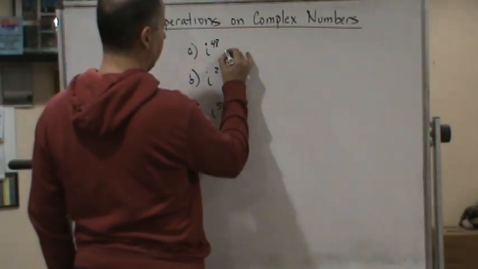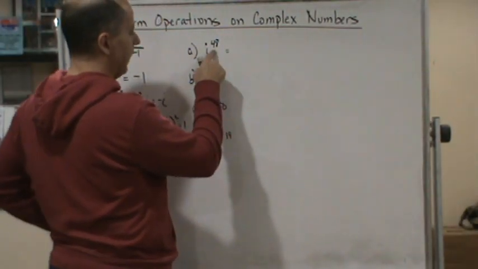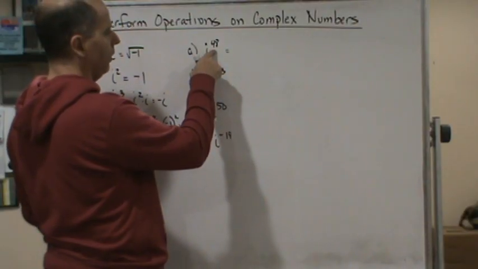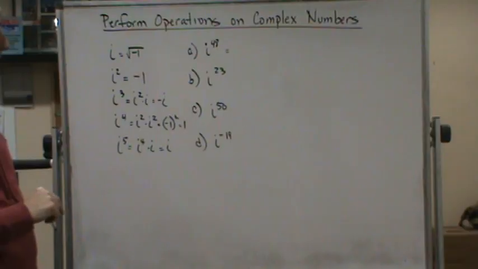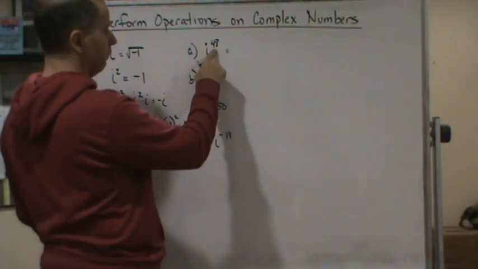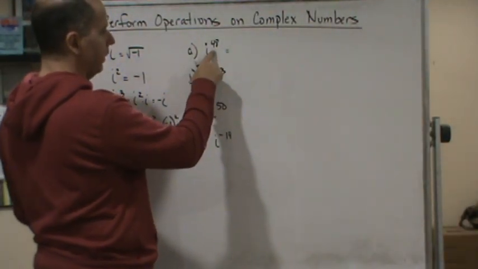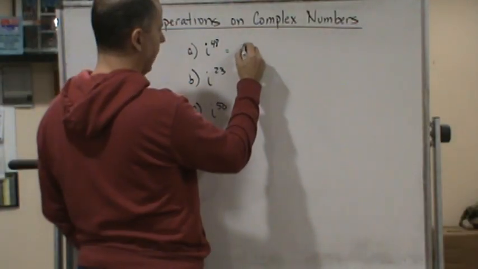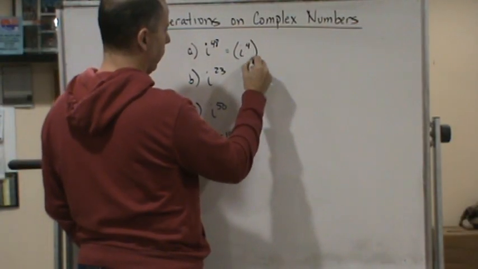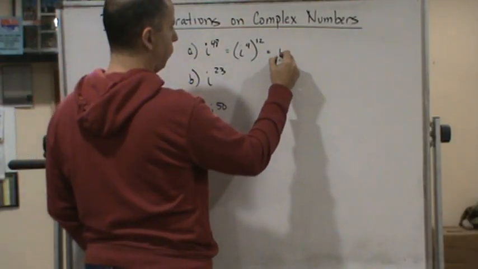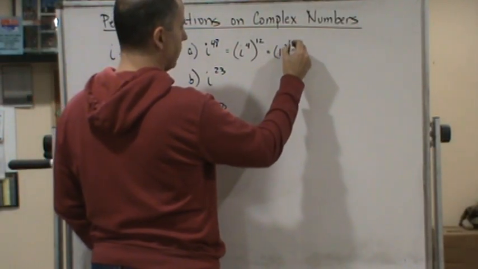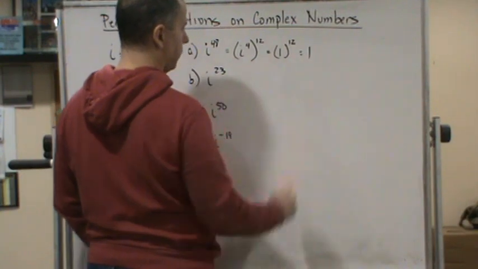So in this case, all I have to do is find out how many multiples of 4 go into 48. In this case, it's 12, so there's no remainder. So this equals i to the fourth raised to the 12th power, which is 1 raised to the 12th power, which is always 1.